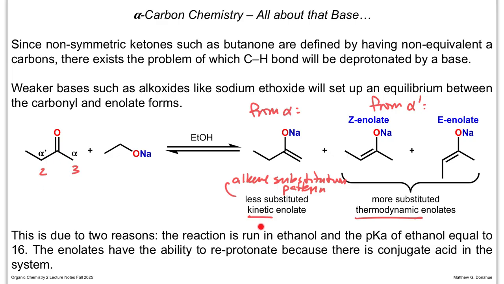Kinetic enolate is always the lesser substituted one. Thermodynamic, again, relates to the increasing number of carbon substituents on the alkene, so it's more substituted. A thermodynamic enolate will always arise from an alpha carbon with the lower number of hydrogens.